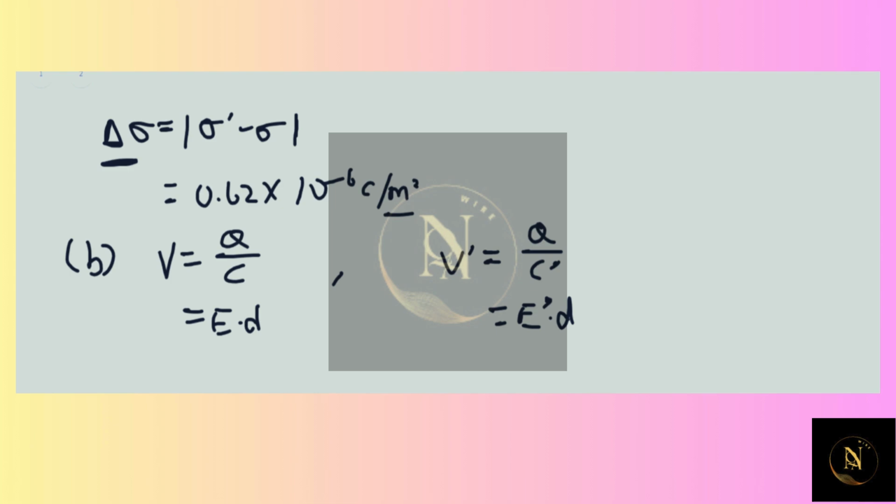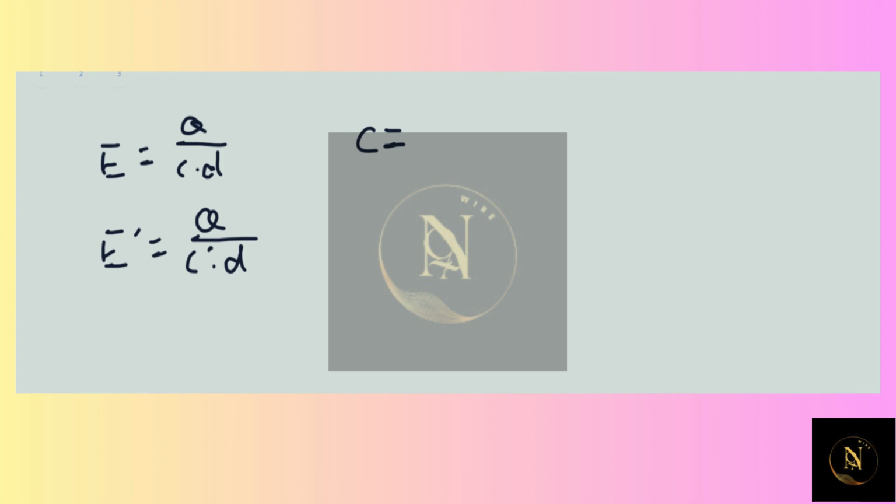So we see that E has the expression Q divided by C times D, and E prime equals Q divided by C prime times D, right? And for the parallel plate capacitor, we know C is given by kappa epsilon naught A over D. So in that sense, C is proportional to kappa.